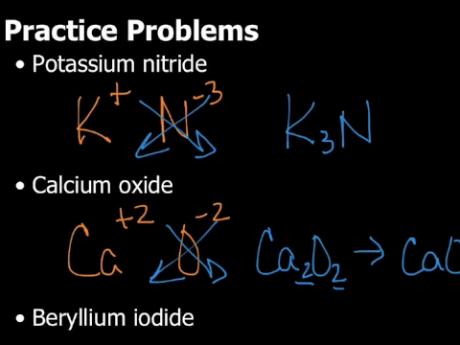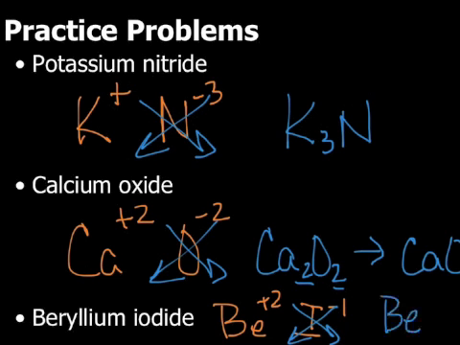Last one, beryllium iodide. Beryllium is Be, which is a +2, it's in group 2. Iodide is in group 17, so it's a -1. Crisscross my charges, and I end up with Be1, which I don't need to write, I2.